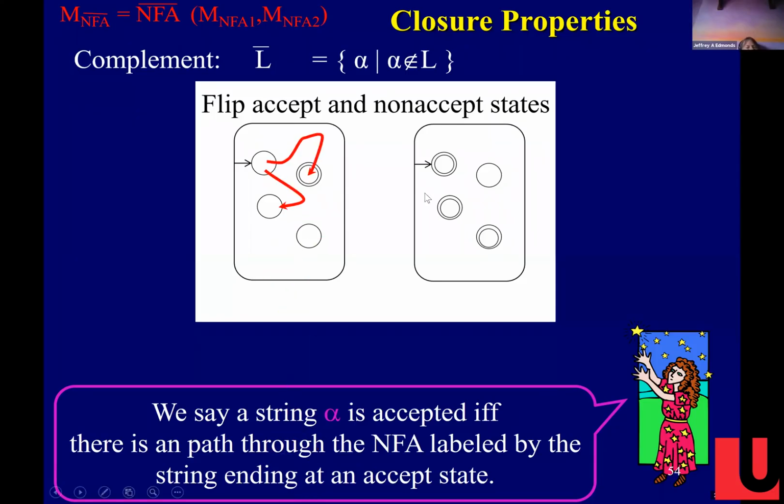But for NFAs, there could be more than one path. So alpha could follow this path and this path. In which case, this machine accepts it because it's going to an accept state. Well, over in the flipped machine, that has the two paths, and this one will also accept because it's going to an accept state.